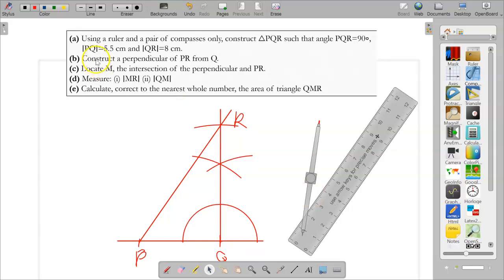The B part says that I'm to construct the perpendicular of PR from Q. And so from Q, I'm going to draw a perpendicular line to meet the PR. So what I'll do is put my compass pin at Q, and with a convenient radius, I will draw two arcs that will intersect the line PQ.